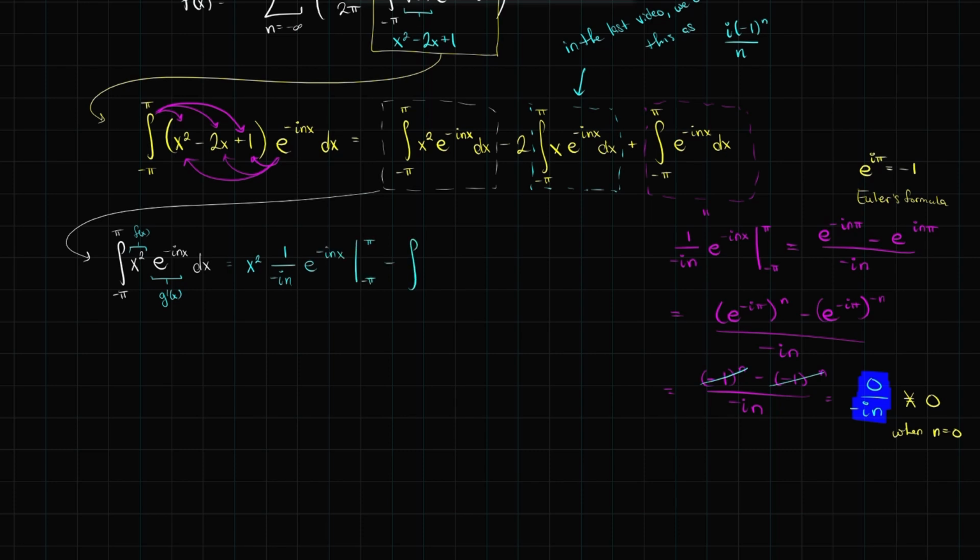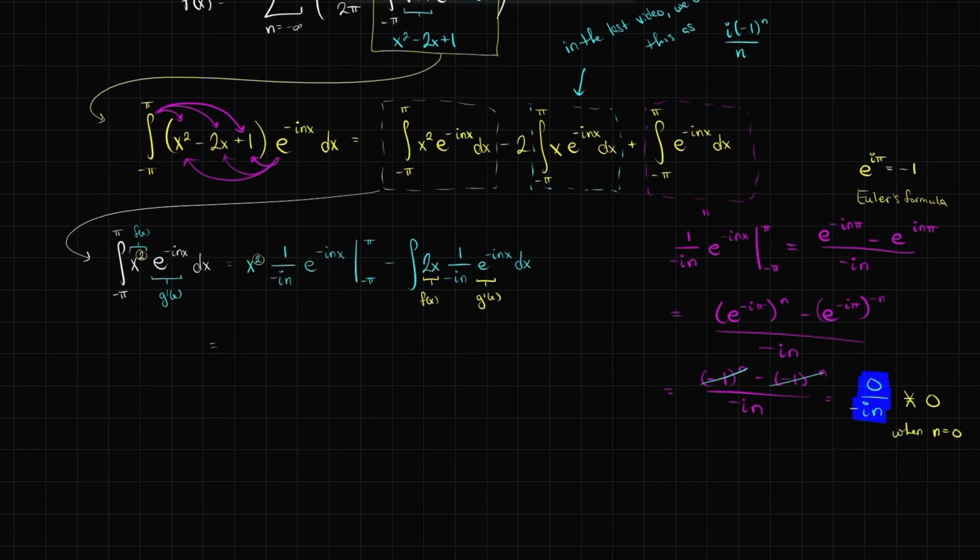Then I'm going to subtract f prime, so a derivative of x squared is 2x, times the antiderivative of g prime, 1 divided by negative i n, e to the negative i n x dx. And unfortunately, I have one more round of integration by parts here, g prime x. That's due to the fact that I started with an x squared. It's going to be 2 rounds of integration by parts.